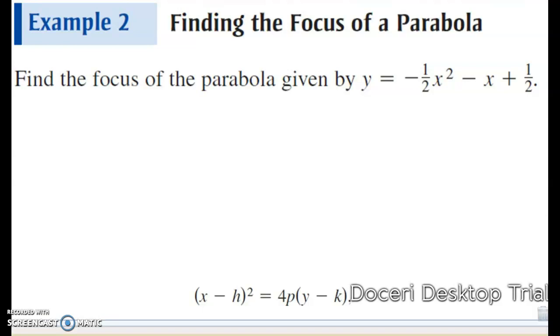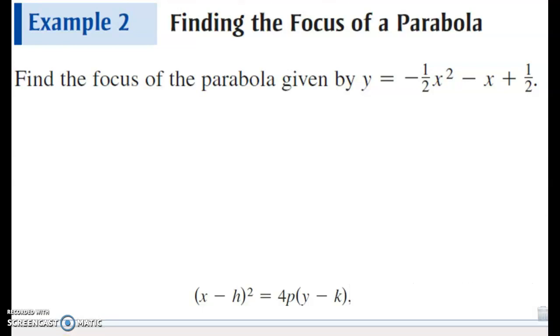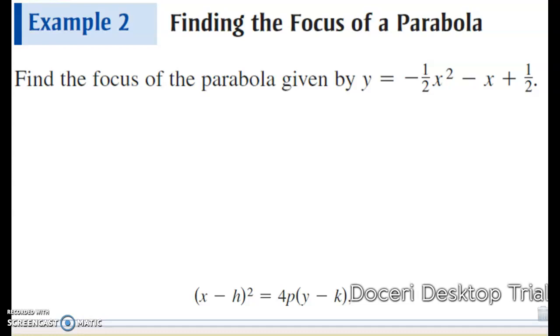So this example here has a parabola stated over here on this side as the general term. One thing I want to point out is that we have an x squared, which means this parabola is going to open up or down.